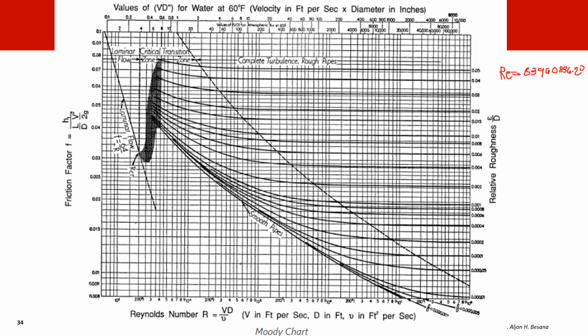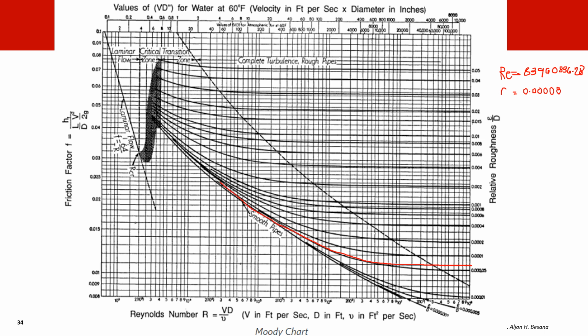Given is our relative roughness, which is 0.00008, and locating that here, somewhere here, this one, 0.0008.